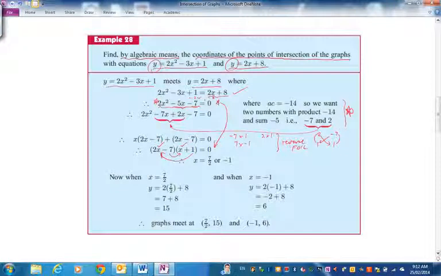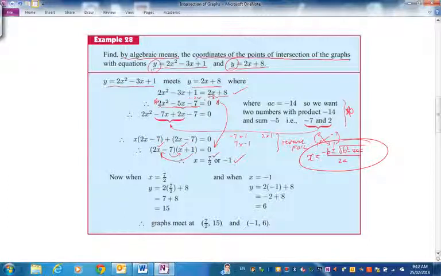Okay, you know already though that you could have used the formula for the roots of a quadratic. So it makes factorisation a little bit antiquated now. You should be able to do it, but you could just go straight to the formula to get these two values. So these are the two x values where the graphs have a common point.